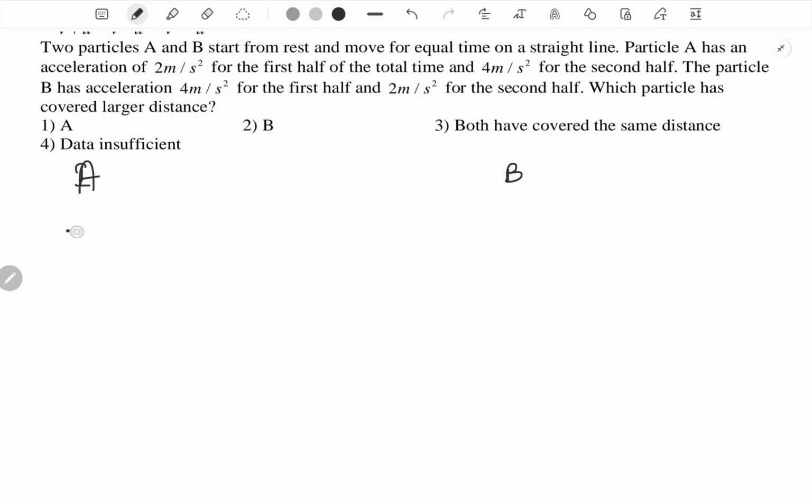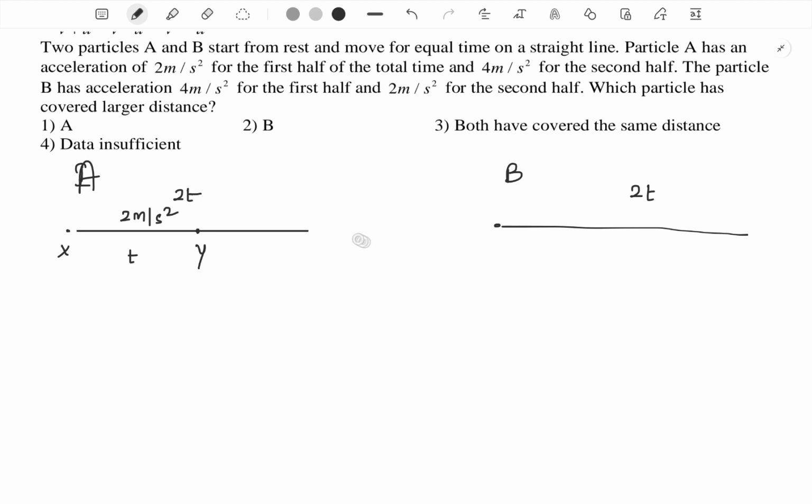So if you look at particle A, let's say the total time is 2t. Here also particle B, the body has been moving for 2t amount of time. Let's say x to y took t amount of time. The acceleration was 2 meter per second square, and then in the next half of the time, y to z, acceleration is 4 meter per second square.